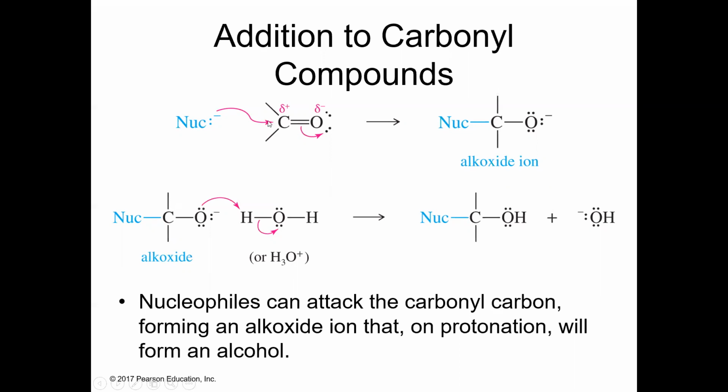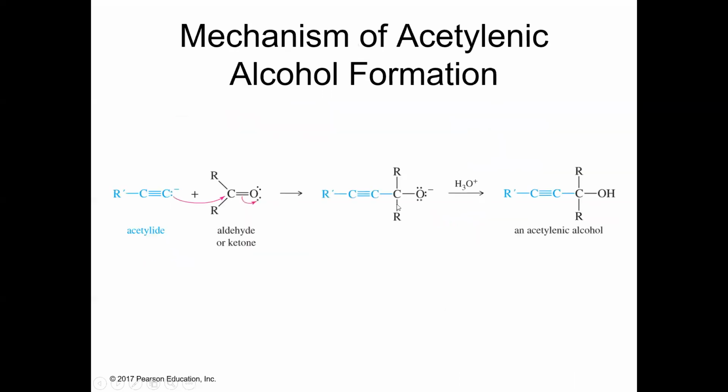The nucleophile attacks, that pushes a pair of electrons up onto the oxygen, making it negative. Then we add water or dilute acid, hydronium ion, and O- picks up an H, and we get an alcohol. This is done in 2 separate steps because, of course, if it weren't, the nucleophile would simply pick up an H, and that would be the end of it.